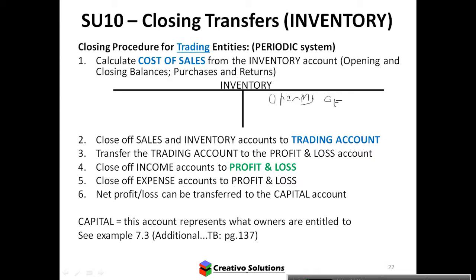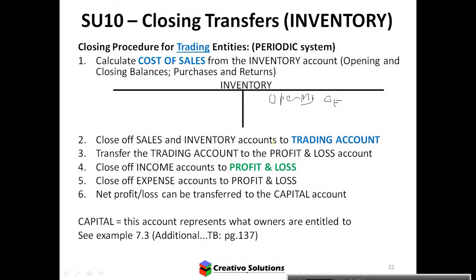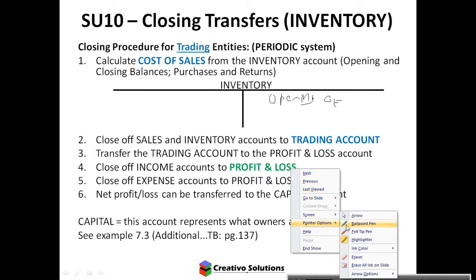Obviously, the trading account calculates gross profit. Profit and loss calculates net profit. What am I going to need here? I'm going to need the closing stock. That's a very important figure. Where is the closing stock going to go? Debit or credit? Which side? Credit.